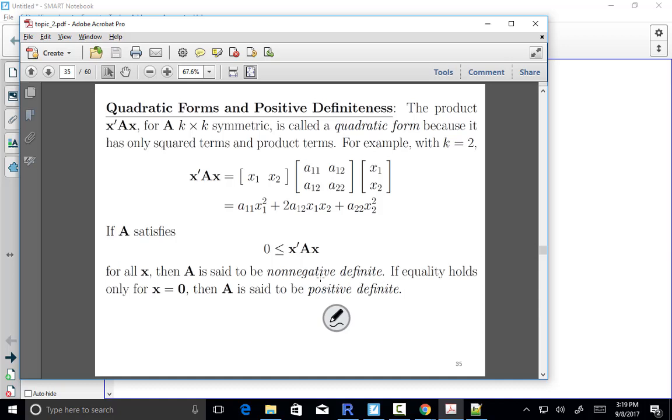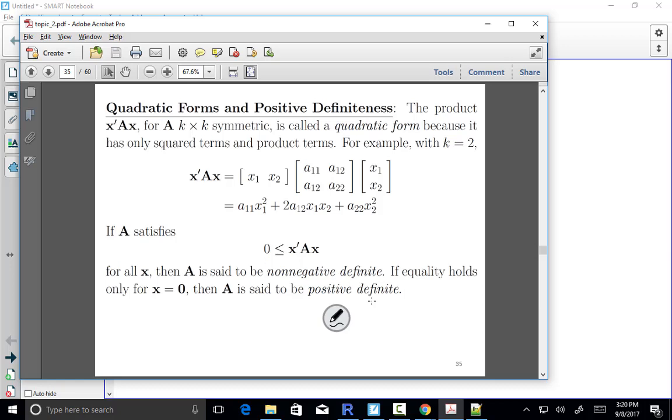It's non-negative definite if, for every x out there, when you make the quadratic form, it's non-negative, bigger than or equal to 0. And similarly, if A is such that for any old x, this quadratic form is strictly bigger than 0, then A is called positive definite.